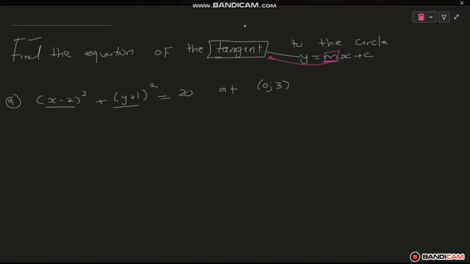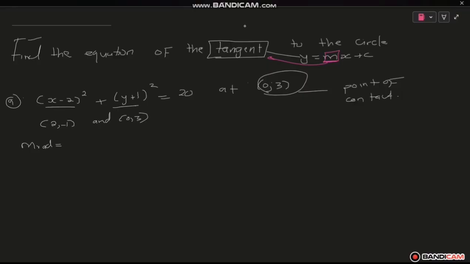We have the coordinates of the center and the point of contact. So this is the center, (2, -1), and the point of contact we are having is (0, 3). This is the point of contact, or the point of tangency. Okay, so we're going to find m radius.